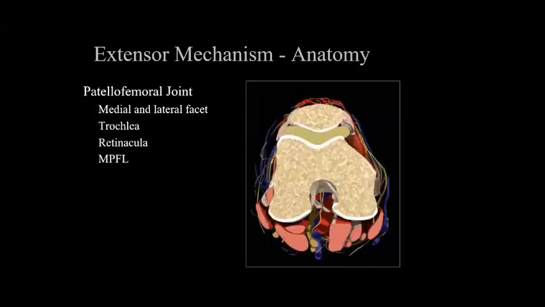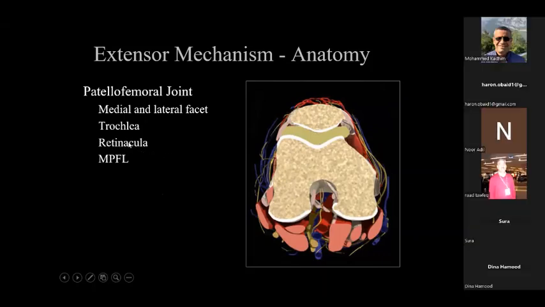The patellofemoral joint is basically the medial facet of the patella, lateral facet of the patella, medial facet of the trochlea, and lateral facet of the trochlea. You have the trochlear groove and the apex of the patella. All these together form the patellofemoral joint, and then you also have the medial and lateral patellar retinacula and the medial patellofemoral ligament.